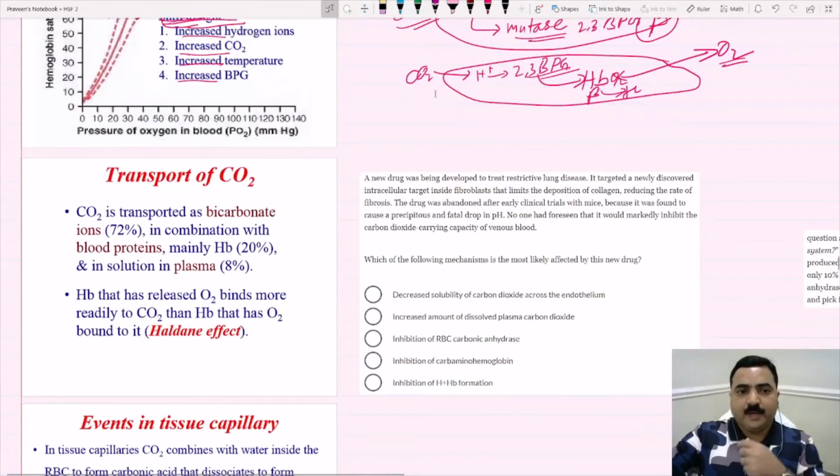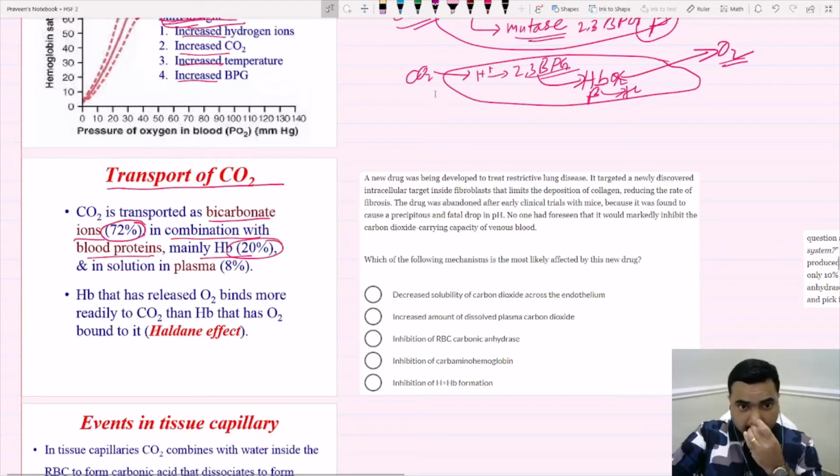So, transport of carbon dioxide. The major form in which it is transported, around 72%, is as bicarbonate ions. Also in combination with blood proteins, mainly hemoglobin, around 20%, and in plasma, how much percentage is carried? 8%.